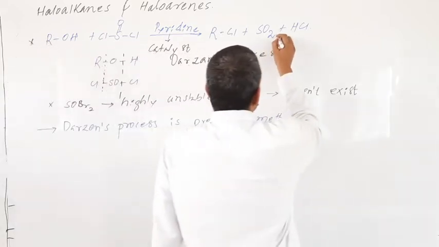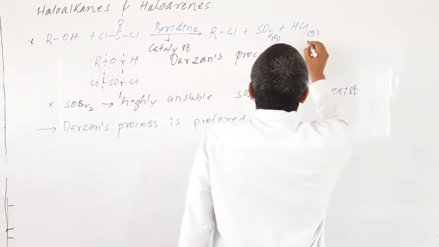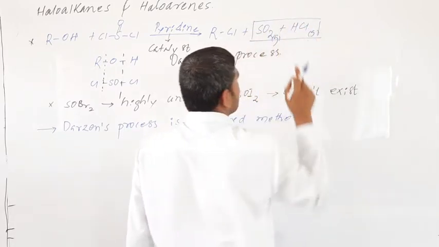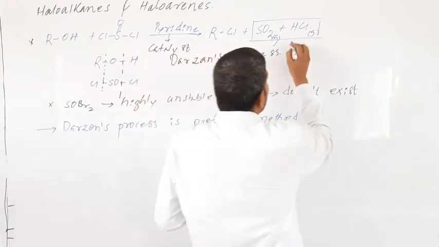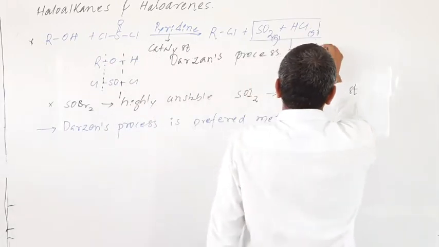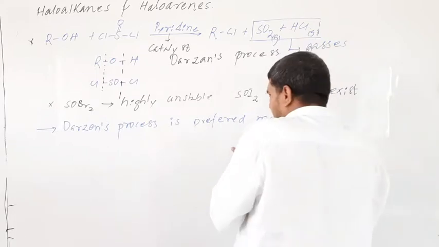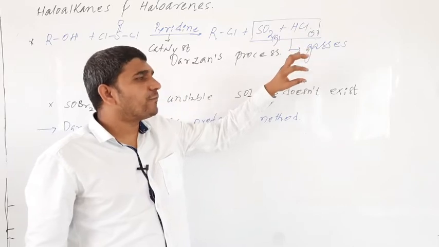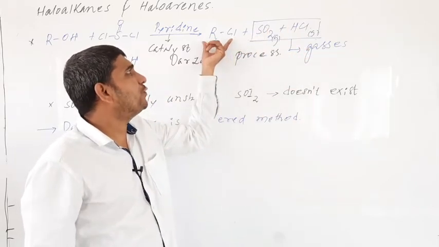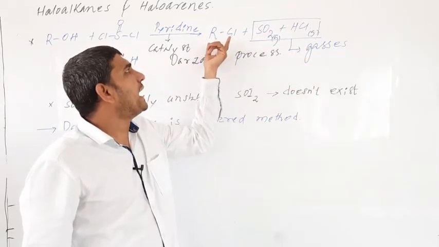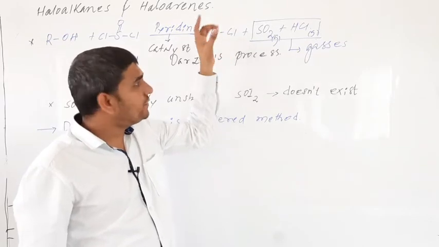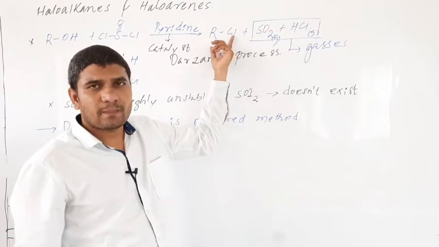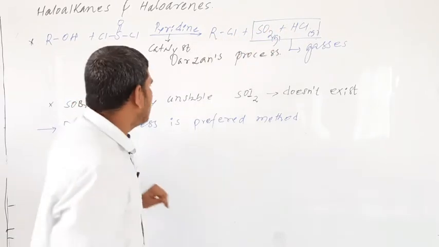Because in this process, what are the byproducts? Sulfur dioxide and HCl gas. Both are gases. This is a good process for the preparation of haloalkanes, because both the byproducts are gases. They escape out from the reaction mixture, leaving behind only pure haloalkane. There is no other impurity. Understood?